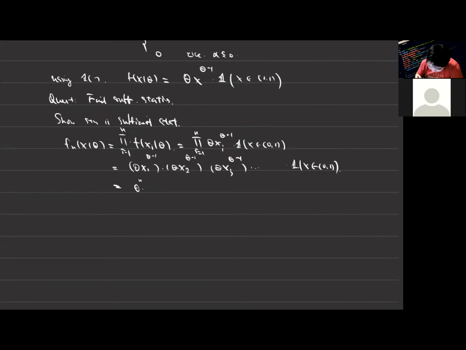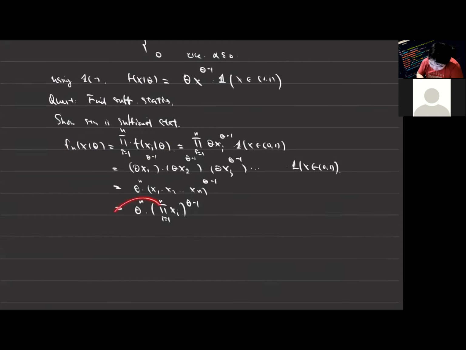What we have left is x_1 times x_2 times x_n, to the power of theta minus 1. Within the parentheses, I can use the product, i from 1 to n of x_i, and outside the parentheses I have the power theta minus 1. So now we have rewritten the joint likelihood function of this problem in this way.